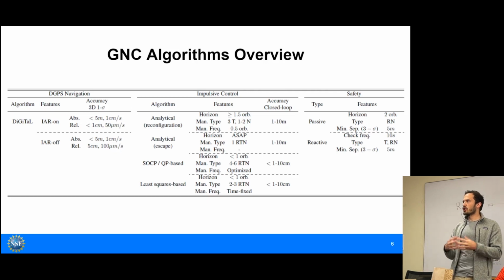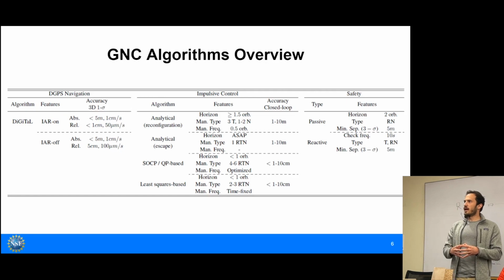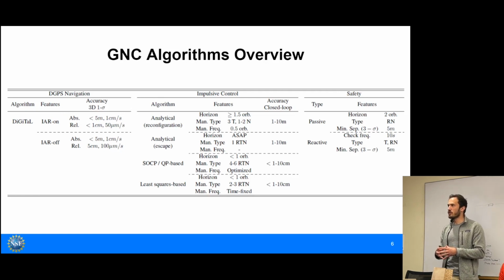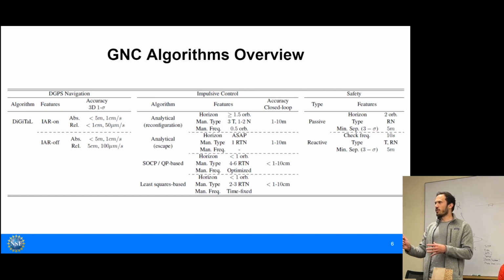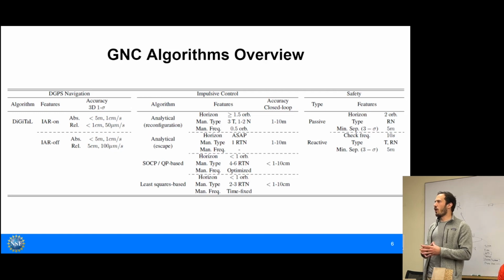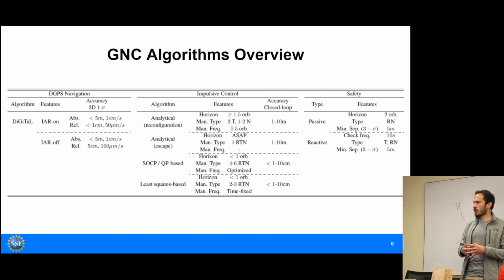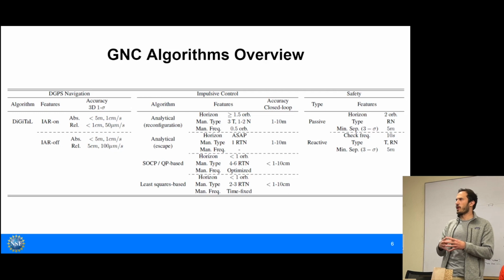Starting from navigation, it uses differential GPS with integer ambiguity resolution, and we specifically have the capability of turning integer ambiguity resolution on and off. So, disambiguating the uncertainty on the wavelength counts of the differential carrier phase measurement.